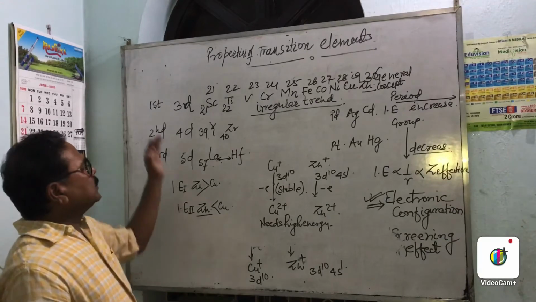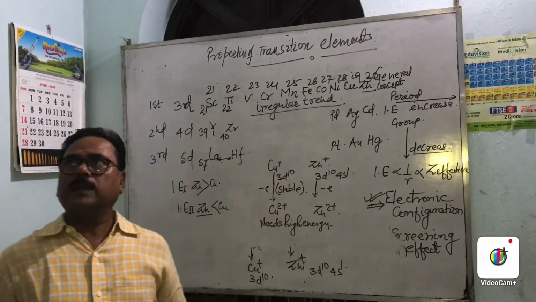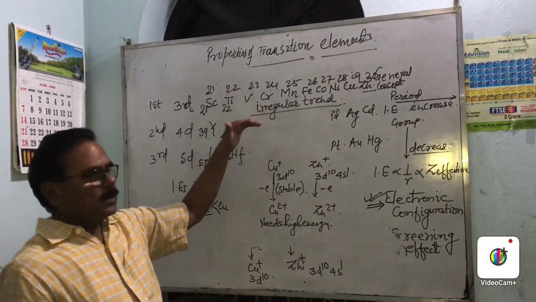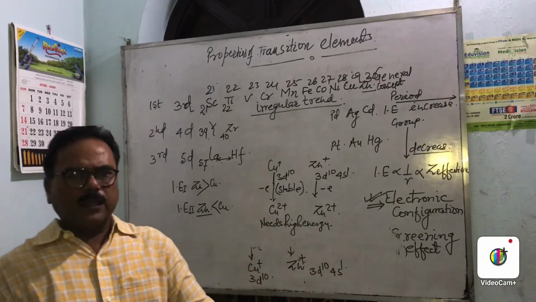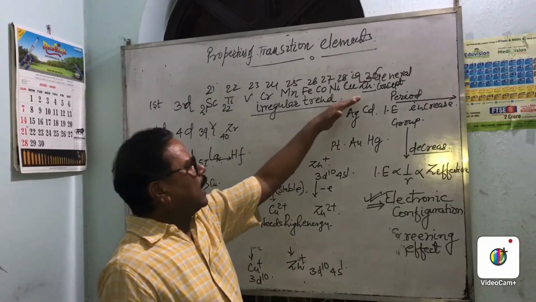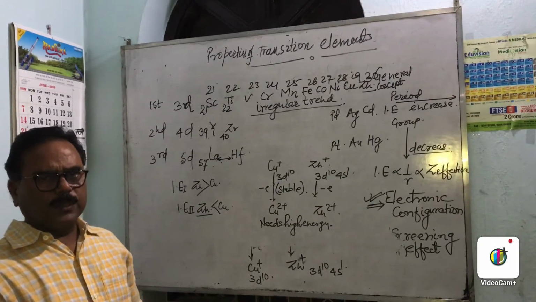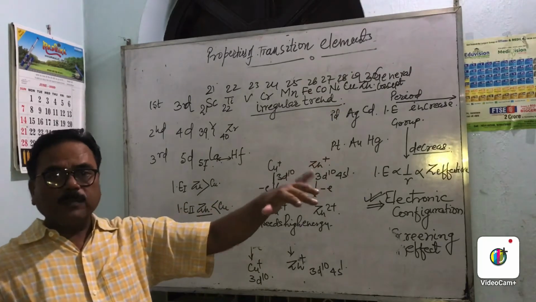So what we observe in a period, going from left to right, is that the ionization energy increases, but very slowly, and at the end zinc will have the highest energy in each period. Similarly this happens in the second and third transition series.